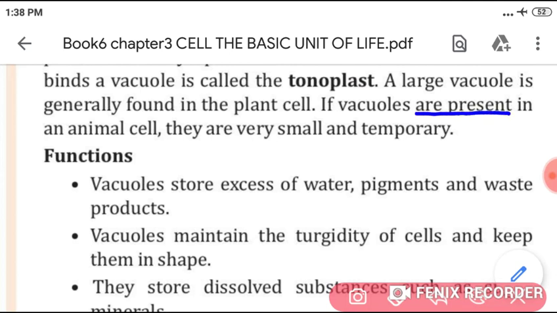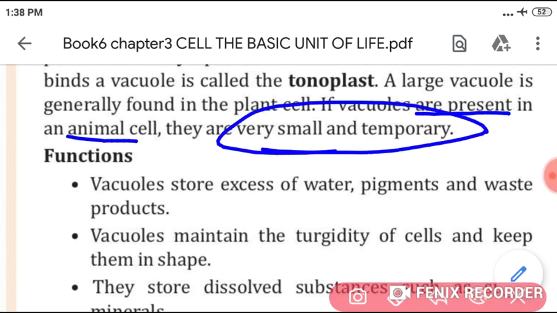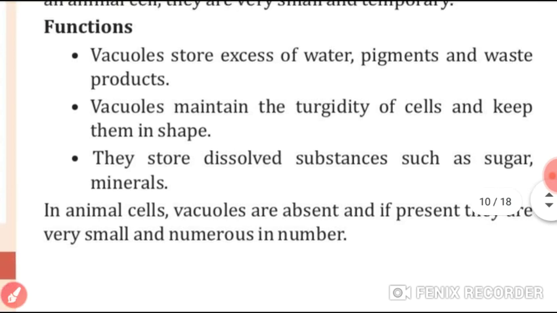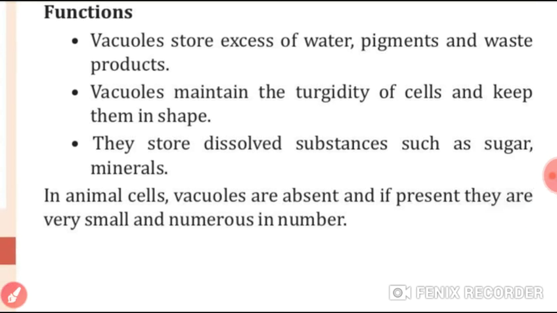If vacuoles are present in an animal cell, they may be very small and they may be temporary. So what is the function of vacuoles, students? These vacuoles store excess of water, pigments, and waste products. They maintain the turgidity of the cell, and they store dissolved substances also. Students, in animal cells, vacuoles are absent, and if they are present, they are very small and numerous in number.